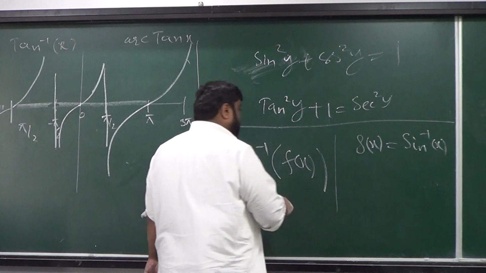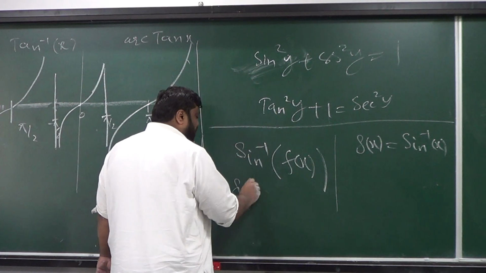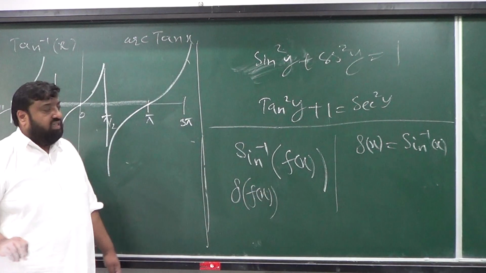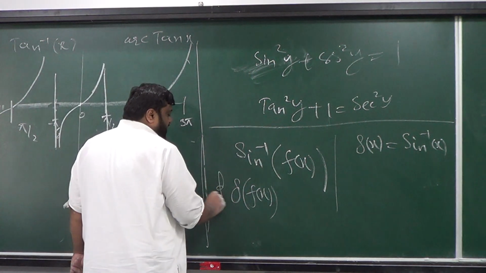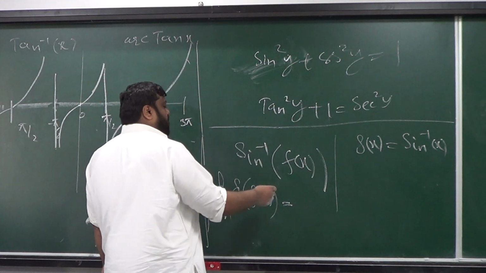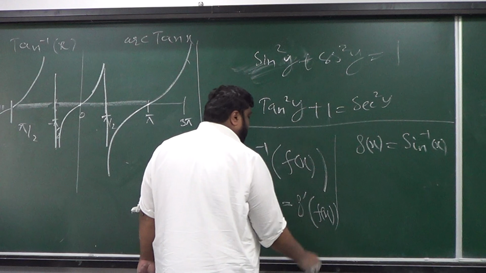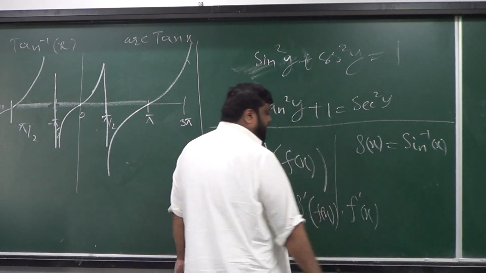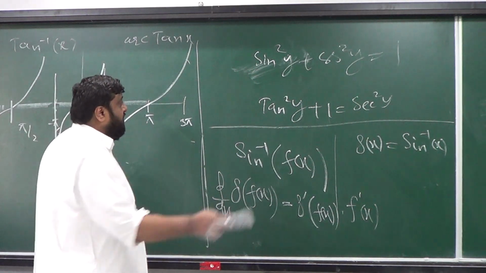Then this function can be seen as g composed with f of x. And how do you differentiate a function g composed with f of x? By the chain rule, this is g prime evaluated at f of x, multiplied by f prime of x. So this is the recipe.